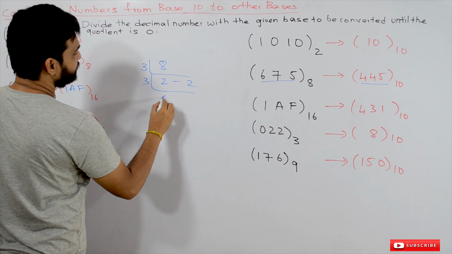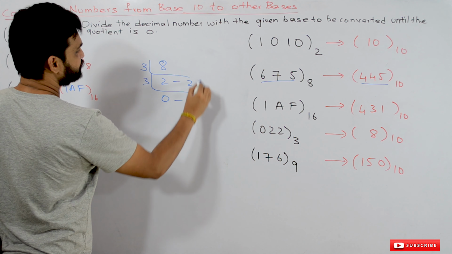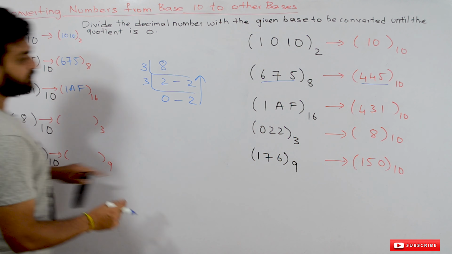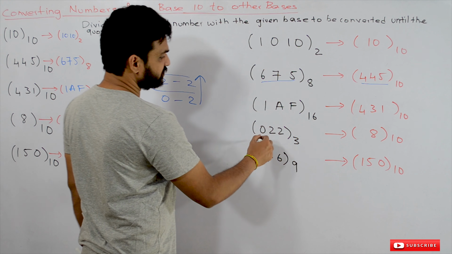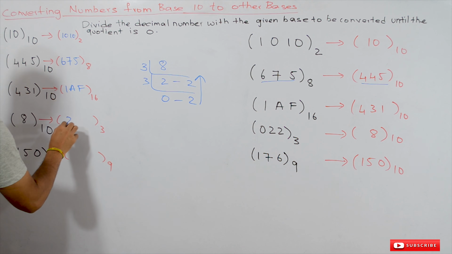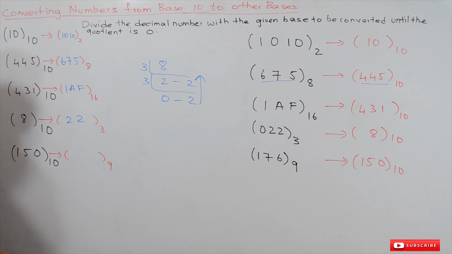Similarly, 2 divided by 3 is 0 and the remainder is 2. So it is 2 2. This 0 can be discarded. 2 2 in base 3 is 8.